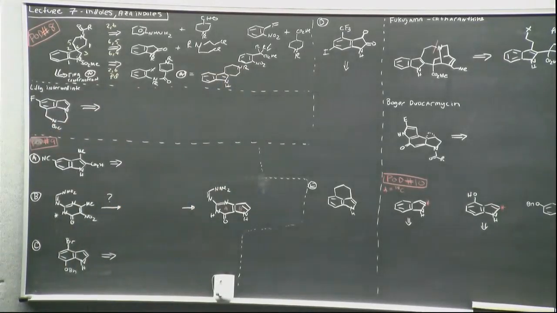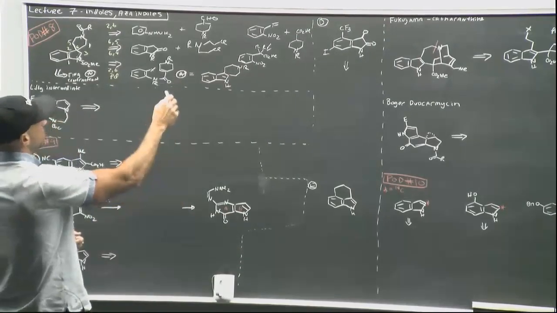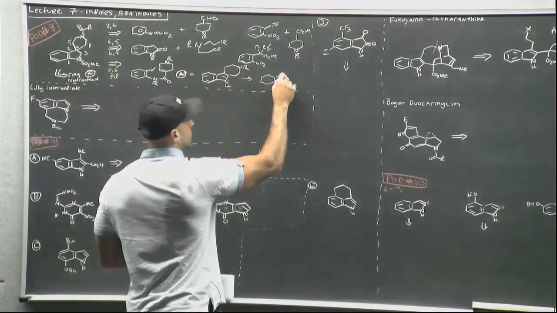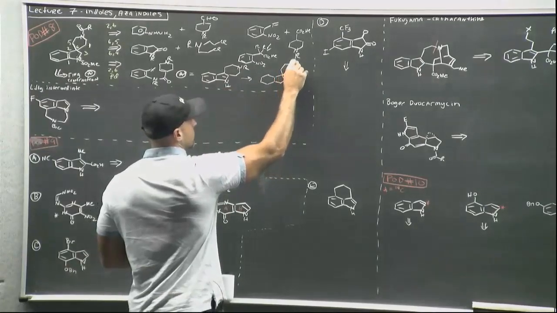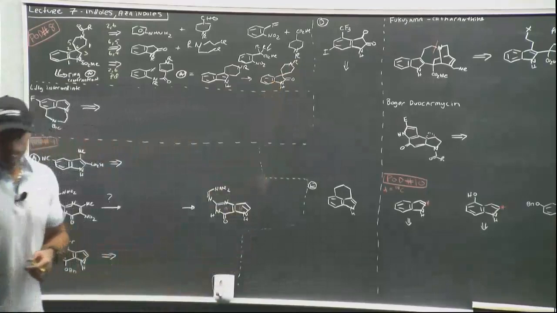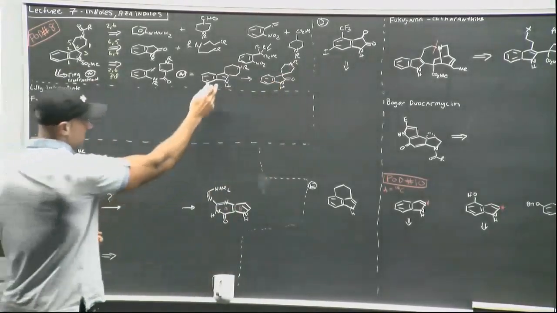And then you treat the beta-carboline with something like NCS. And the thing will rearrange to, can reduce. And then you need a good way of making that.